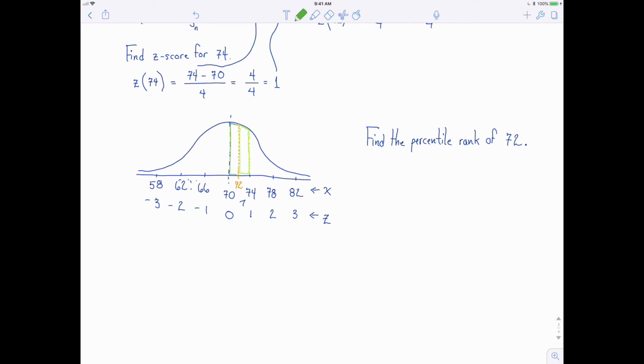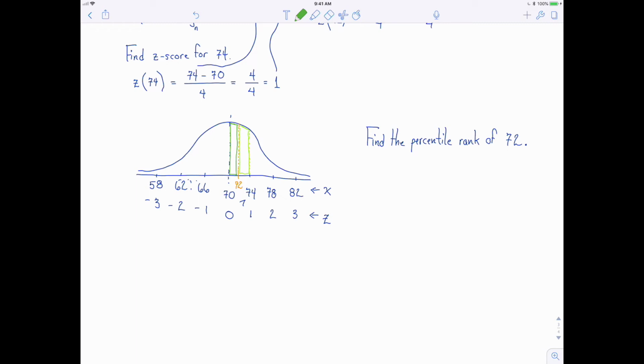So it doesn't eat that little orange line, even though it divides between 70 and 74, it doesn't evenly divide the area. So because of that, what we need to do is find the z-score for 72.